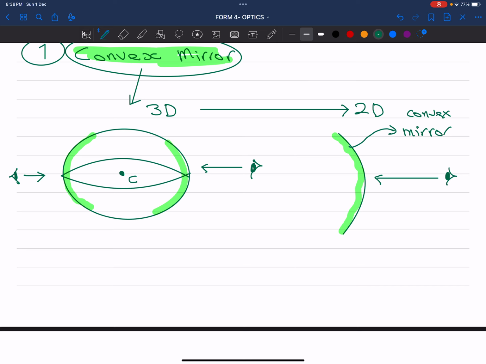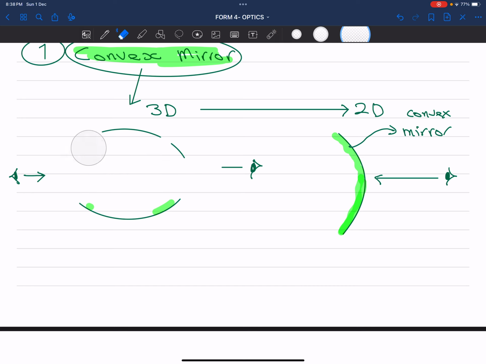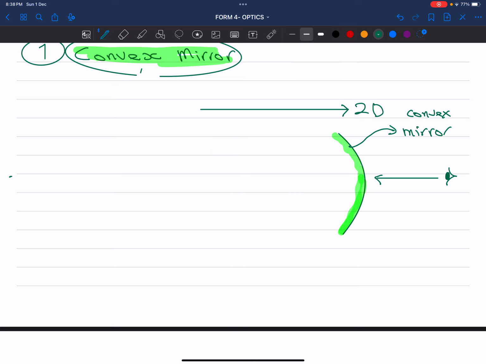Now we are going to learn a few terms regarding this convex mirror. The first thing is the center of curvature. If the sphere has a center of curvature and from the sphere we got the convex mirror, that means the convex mirror here must have the center of curvature. So I'm going to rub off the 3 dimension sphere and focus on the 2 dimension.